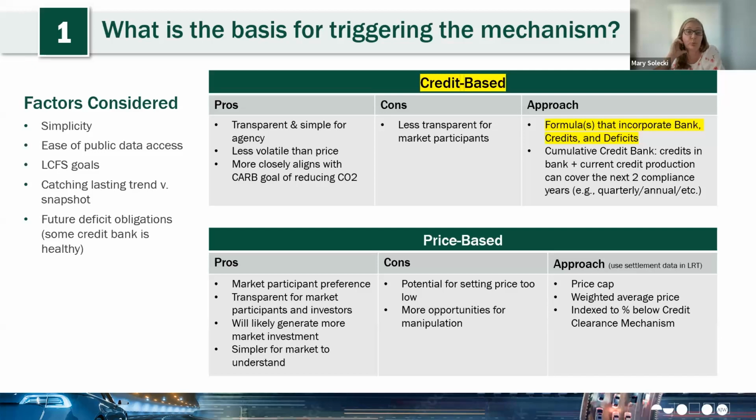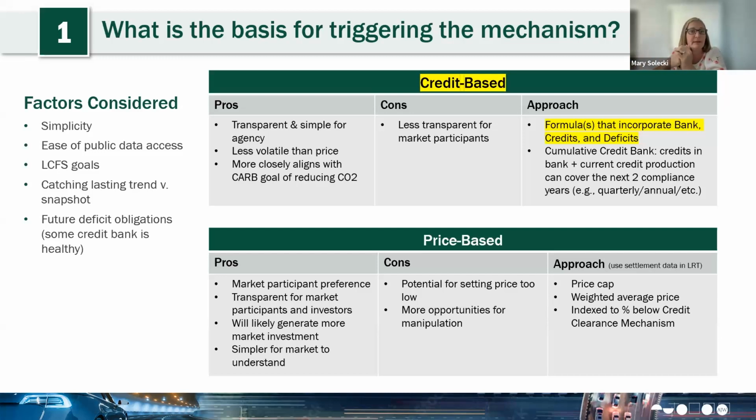A lot of the folks that we talked with were market participants, and so there was a definite bias towards a price-based solution. However, after we walked through the list of the factors considered, and especially when we aligned with the goals of the LCFS program and this proposal, the credit-based trigger is our recommended approach.